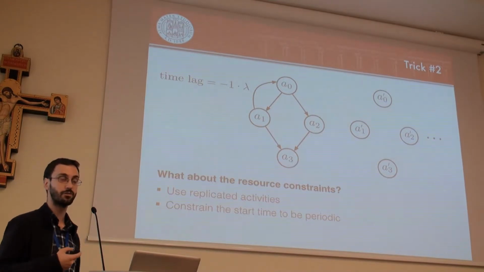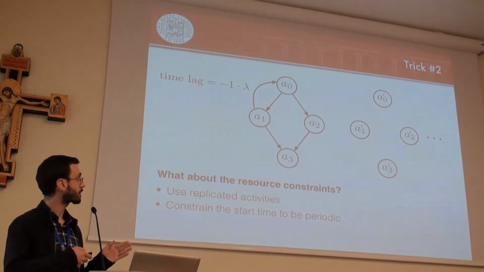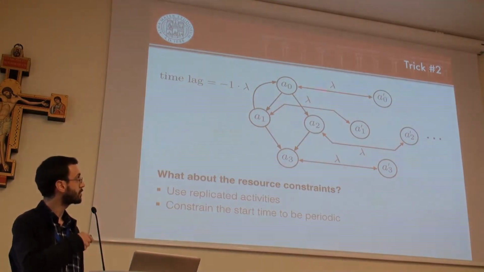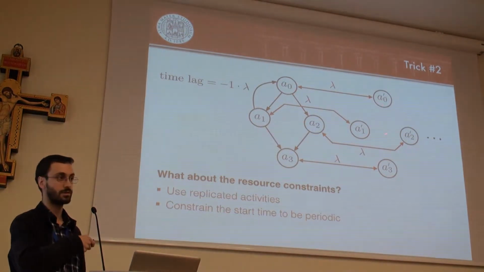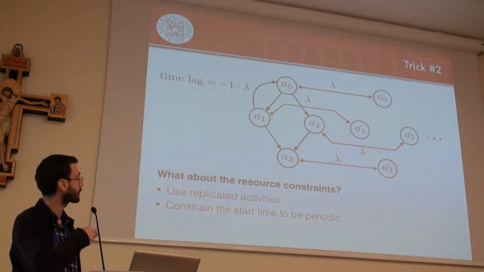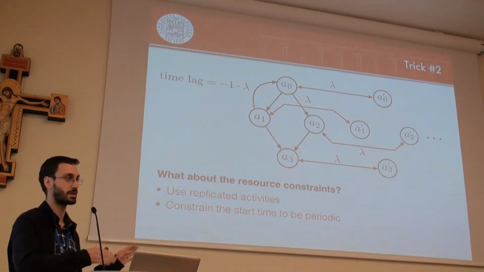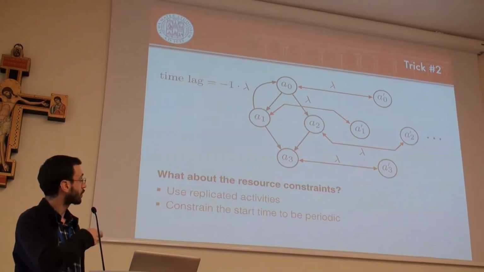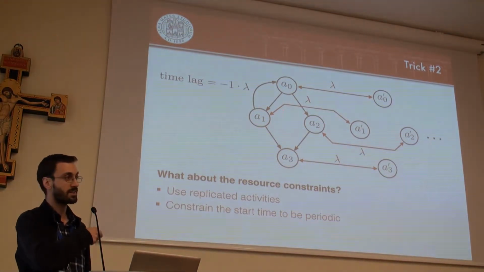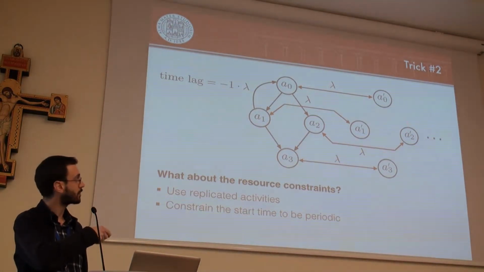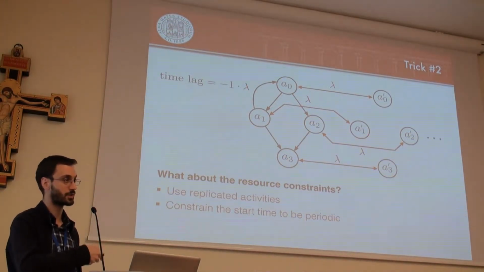But unlike in unfolded scheduling, we post synchronization constraints between the start times of the additional activities representing multiple executions of the original ones. This is just a start-to-start precedence constraint with minimal and maximum time length. Very easy. So, basically, the original precedence constraints are guaranteed by those guys here, and we don't need anything more here. So the replicas are just built for the sake of the satisfaction of the resource constraint.